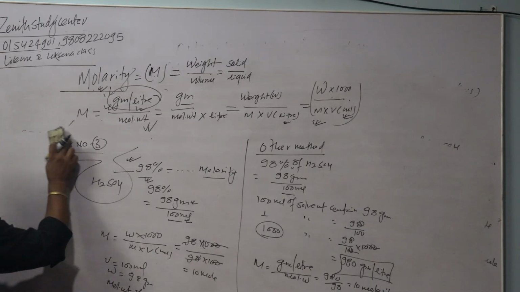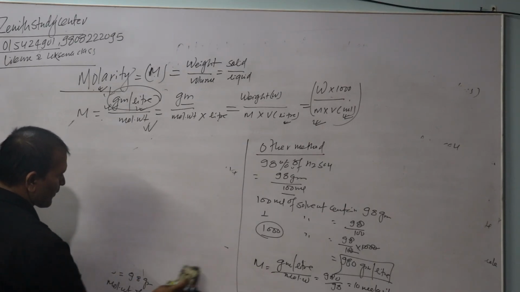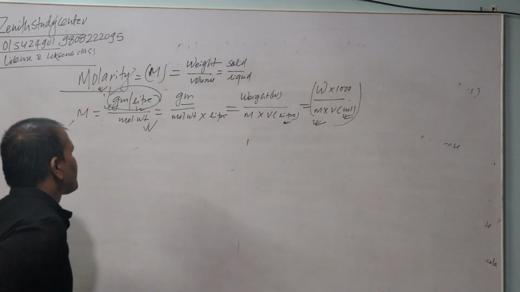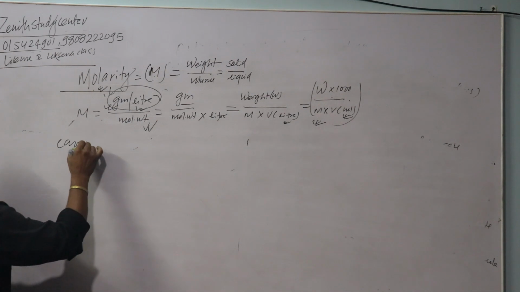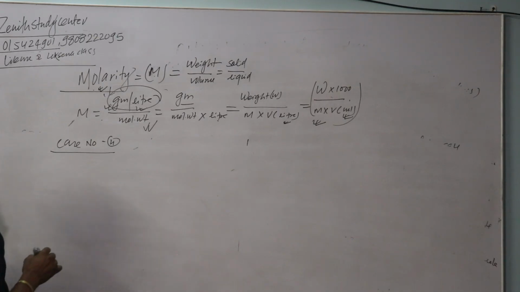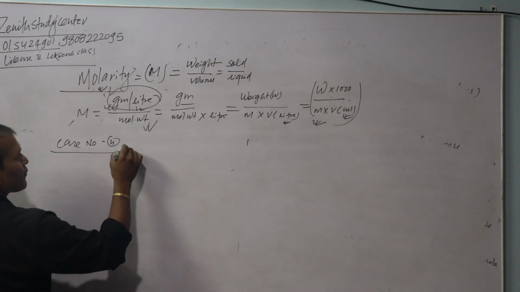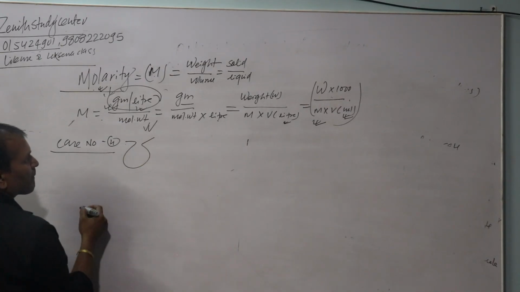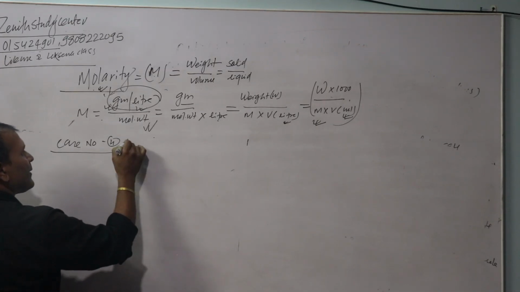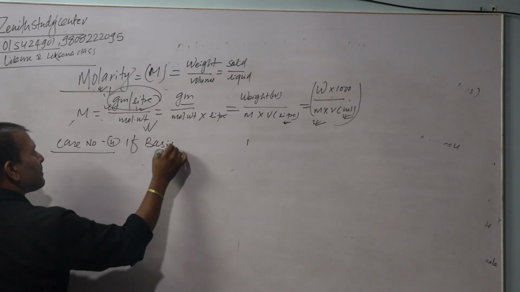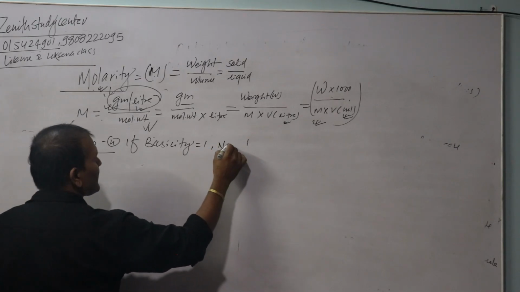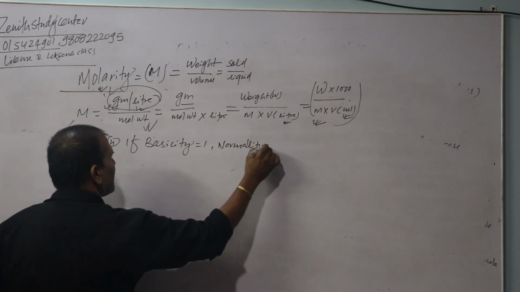Case number 4. If basicity is equal to 1, then normality equals molarity.